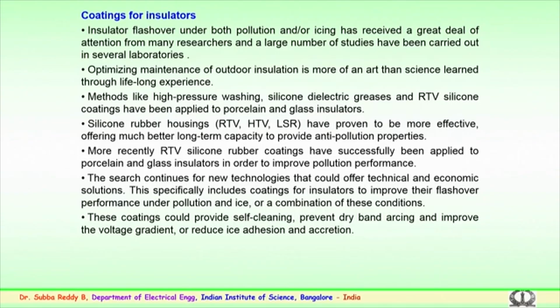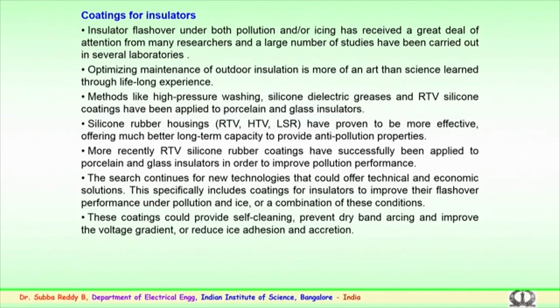So, the search continues for new technologies that could offer both technical and economic solutions for improvement under pollution conditions. This specifically includes coatings not only for porcelain and glass but also for polymer insulators, to improve their flashover performance under contaminated, ice, snow or combined conditions.